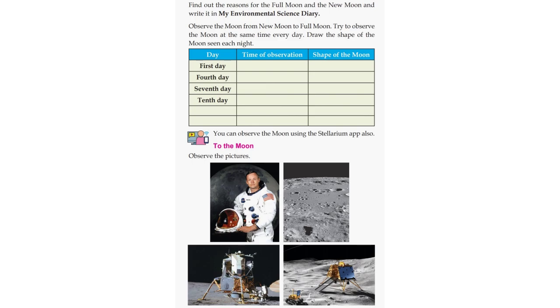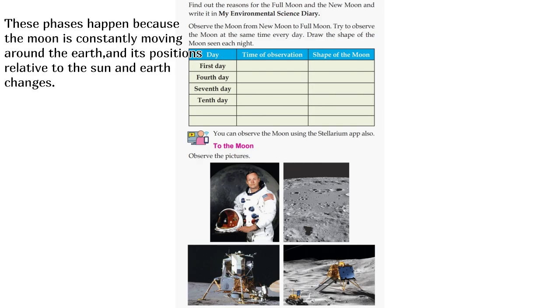Find out the reasons for the full moon and the new moon and write it in My Environmental Science Diary. These phases happen because the moon is constantly moving around the earth and its positions relative to the sun and earth changes.